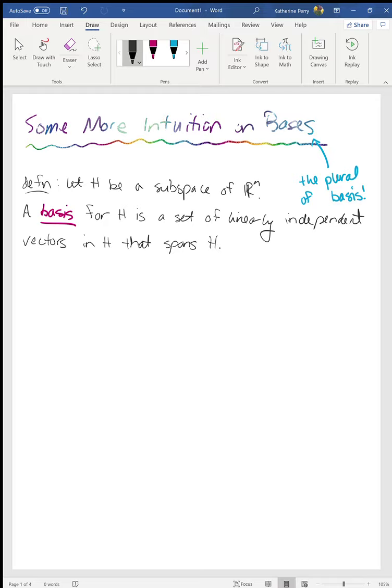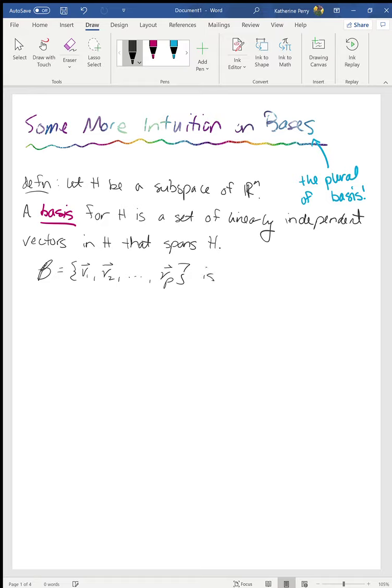And so what this means is that, let's say I have a basis for H and it's some set of vectors v1, v2, up to vp.